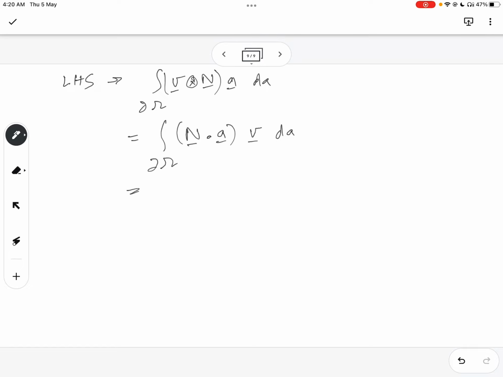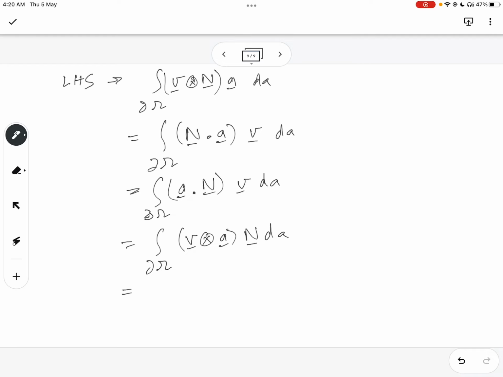This can be written as, since the dot product is commutative, (a dot n) v dA over del omega. This then becomes (v diadic a) acting on n dA.